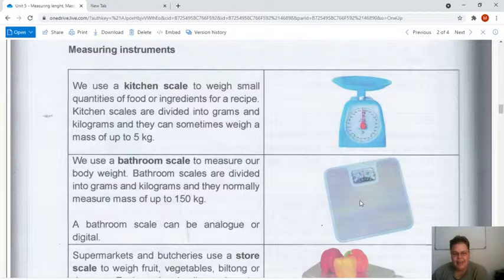Now, what is analog and what is digital? If you look at this, this is analog. If you look at the time on your screen, what is that? It's digital.